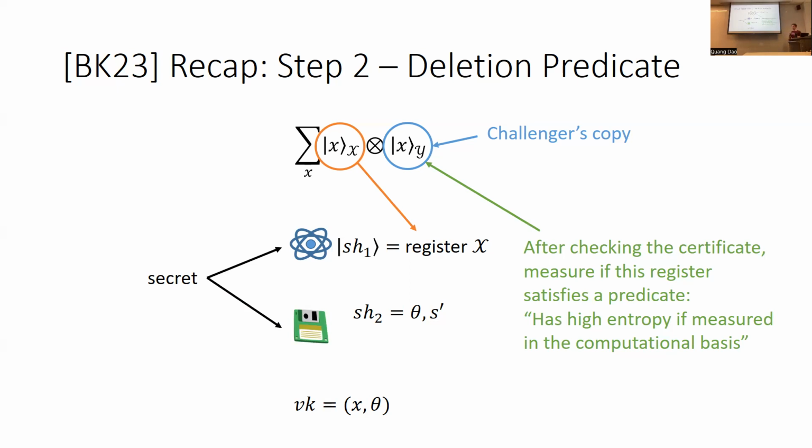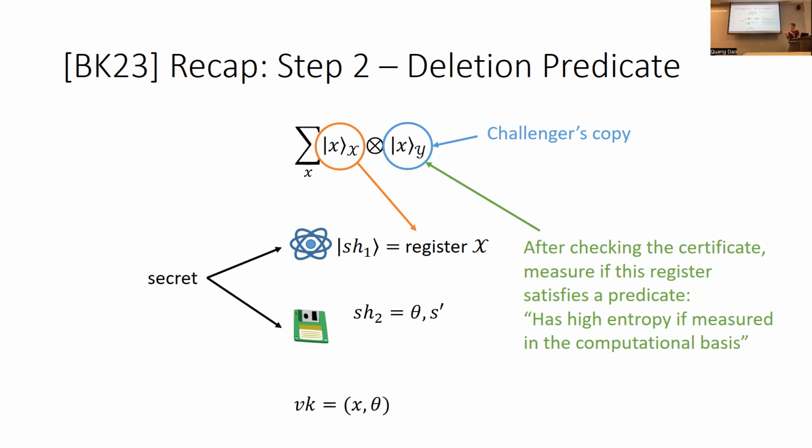And if that predicate is true, then we know it's been deleted. Intuitively, this predicate just says that if you measure this in the computational basis, it has high entropy. Remember that to delete something, the adversary needs to measure it in the Fourier basis.